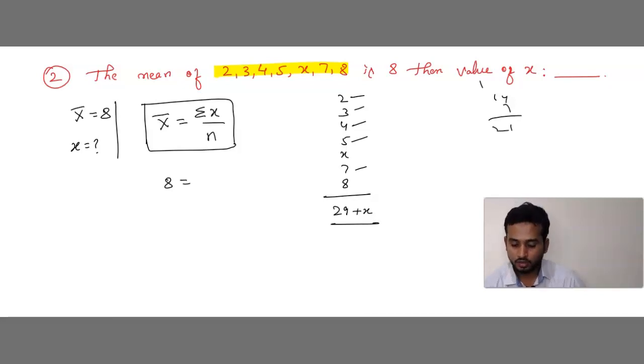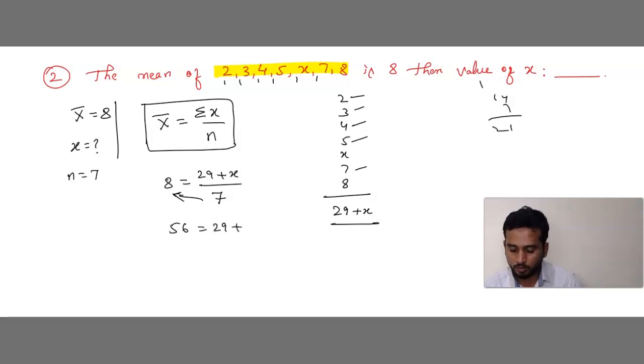Shall we write here sigma x as 29 plus x divided by n. How many numbers are there? 1 2 3 4 5 6 7. We have totally 7 digits, so the value of n is 7. Now we want x, so cross multiply. 8 into 7, 56 equals 29 plus x.